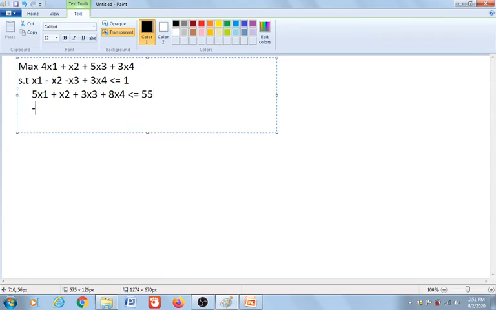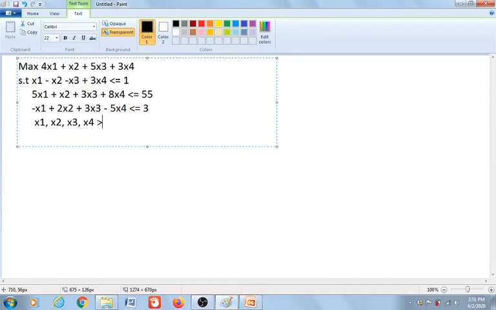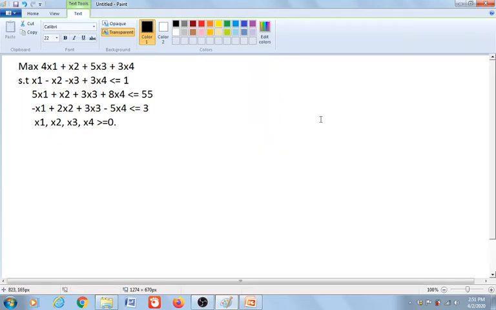And the last one is minus x1 plus 2x2 plus 3x3 minus 4x4, and that should be less than or equal to 3. And the variables x1, x2, x3 and x4 must be non-negative. So this is the problem.